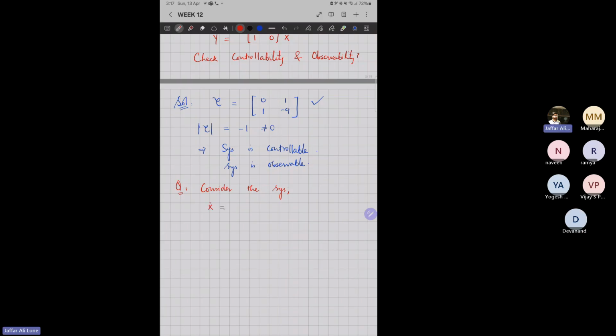X dot is equal to 1, 1, 0, 1, x plus b1, b2, U. Similarly, Y is equal to, not C1, be confusing, yeah, D1, D2, X.